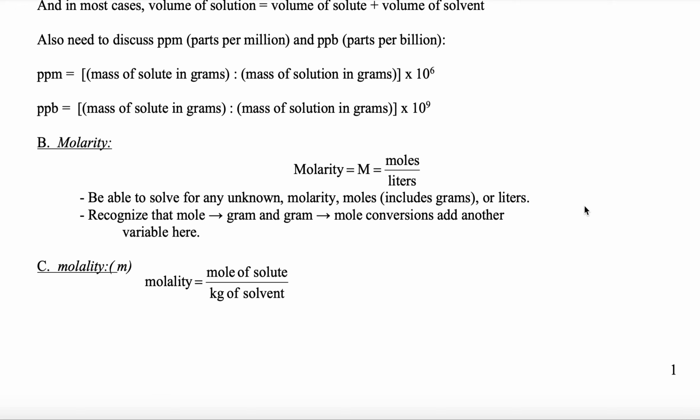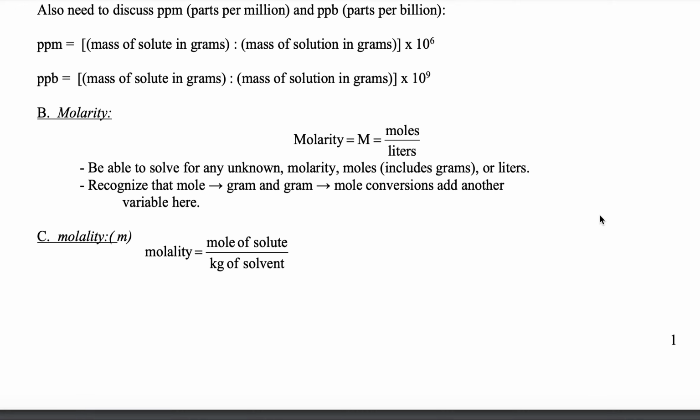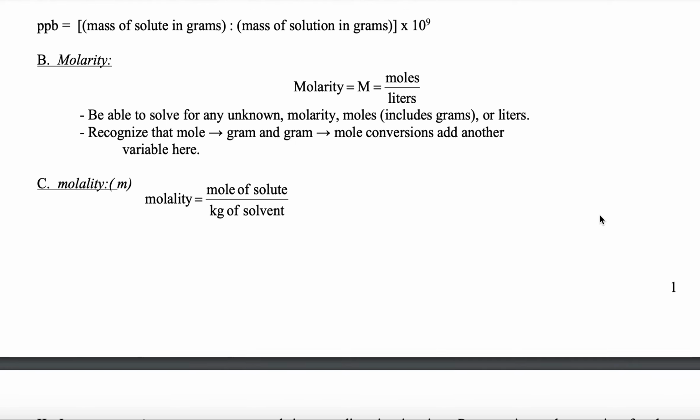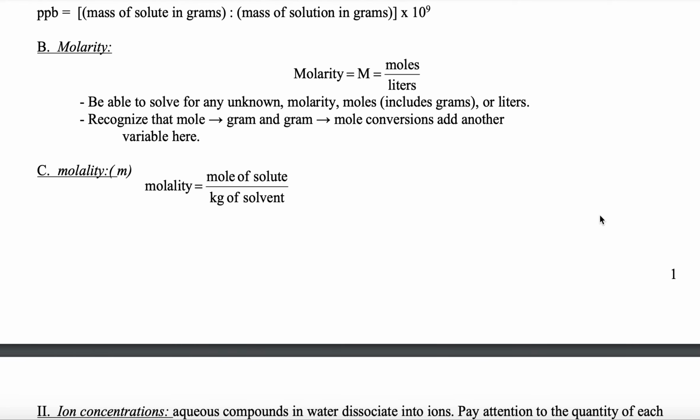Okay, so let's get through the concept and then we'll do some practice in a bit. Okay, molarity is a different concentration. It's defined as the number of moles of solute divided by volume in liters. Remember in the previous chapter 4, we convert grams to moles, and that's exactly what we need.